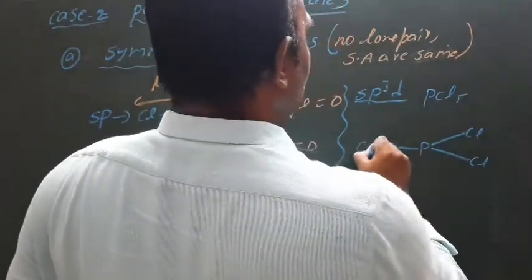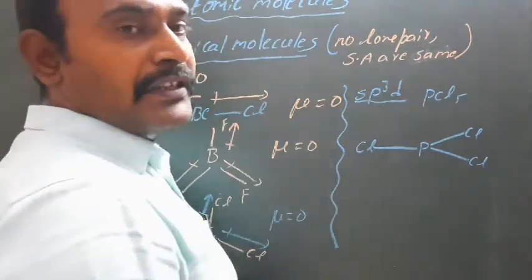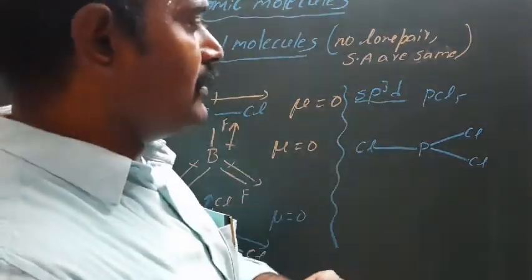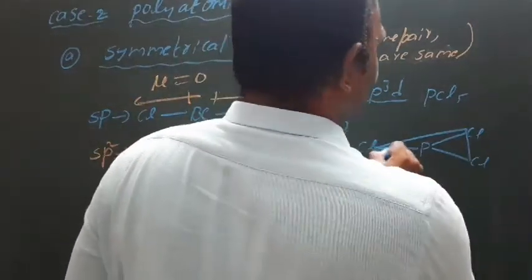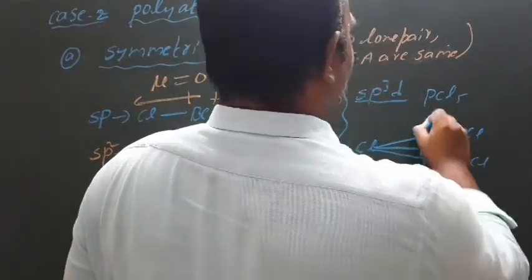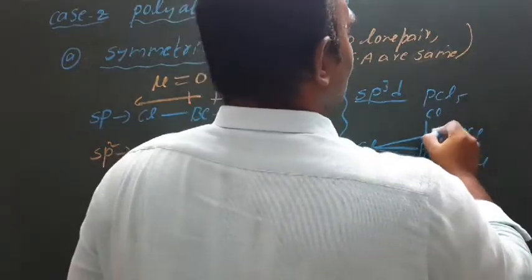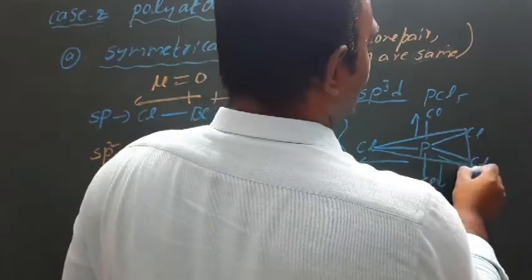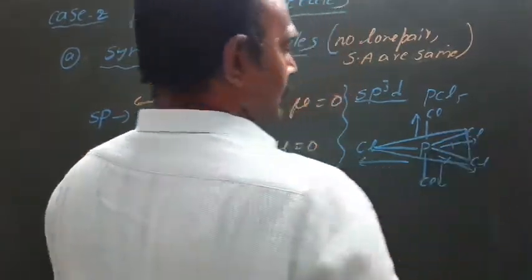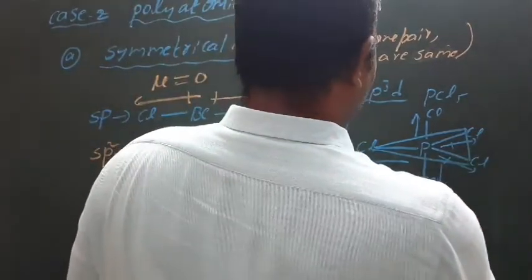What is the shape of the molecule? Trigonal bipyramidal. In this case also, the bond moments are towards the chlorine, but the overall dipole moment is equal to 0.